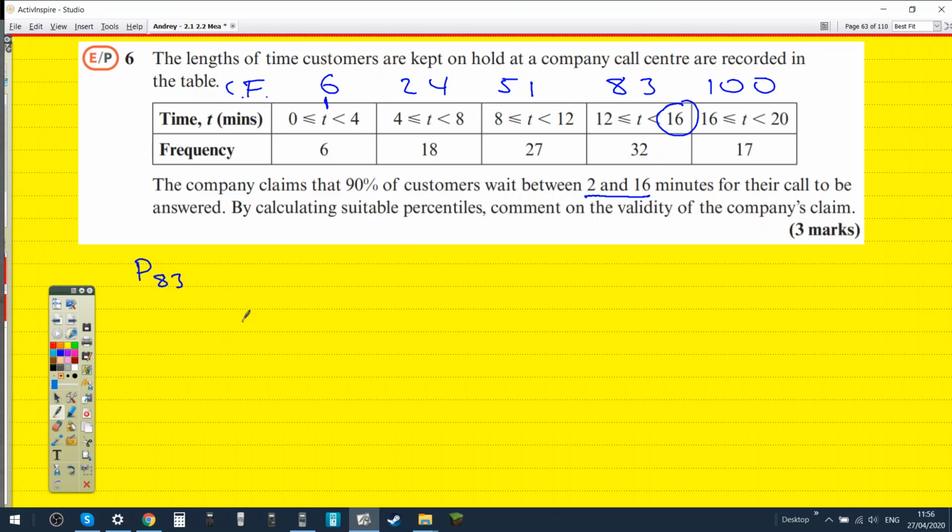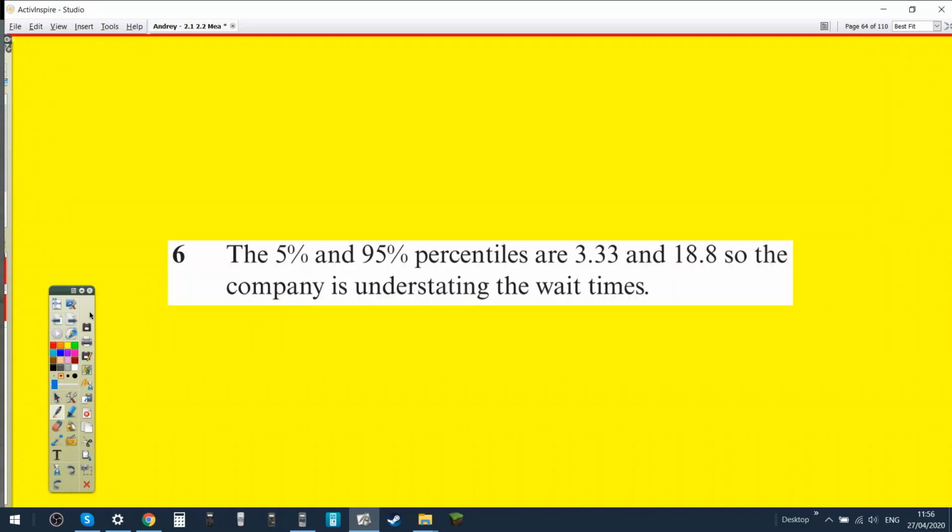Estimate what percentile would be 2 minutes. 3. So I think that's how you'd do it. You do the 83rd percentile minus the 3rd percentile, and you'd see if you get 90% of the customers. There's 100 customers, so you should get 90.